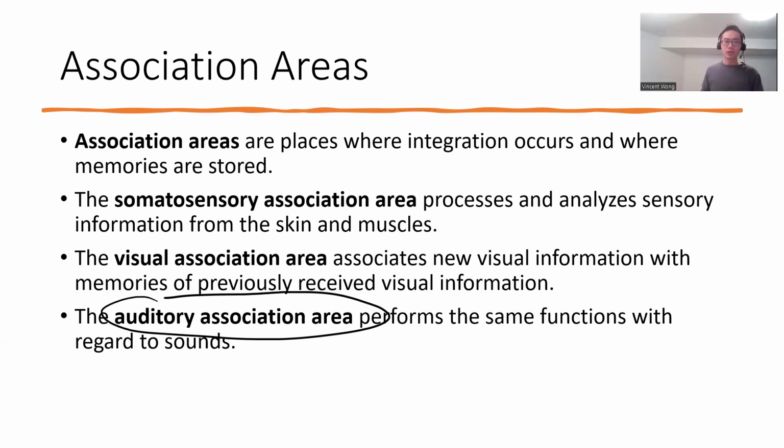The visual association area is the same thing, but for visual information. Like when I walk down the hallway at school, I see lots of students. Subconsciously, my brain might be scanning all the faces. Oh, I don't know who they are. I haven't met that one before. And then I see an old student that I had last semester. The visual association area is going to take that face and match it with all the faces that I know.